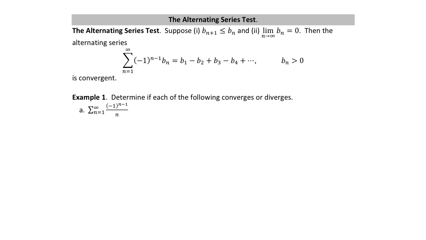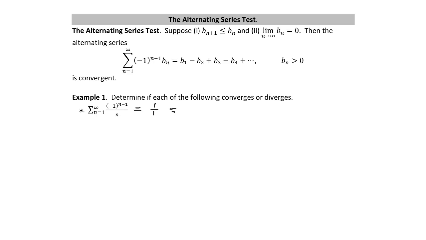So for our first example, let's look at this particular series. We're going to look at the sum from n equals 1 to infinity of negative 1 to the n minus 1 over n. Now I'm actually going to write these out because this should be kind of familiar. When n is 1, the denominator is 1, and the numerator is negative 1 to the 1 minus 1, or negative 1 to the 0th, which is positive 1.